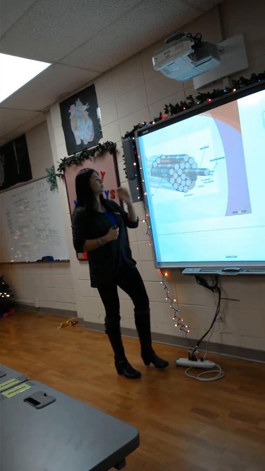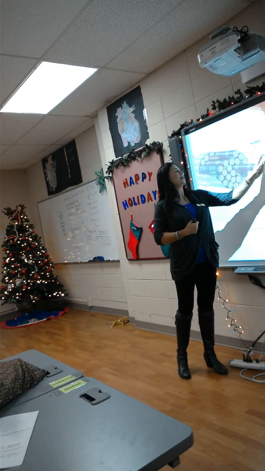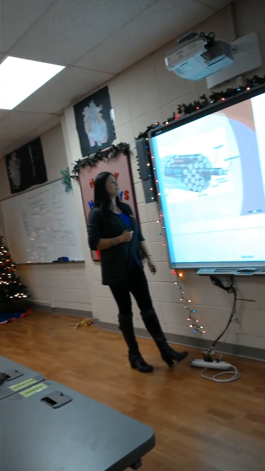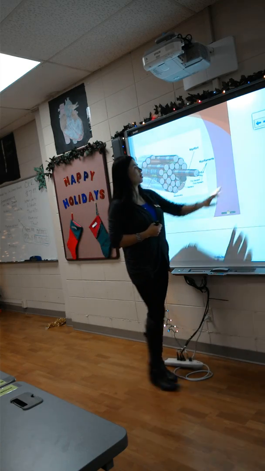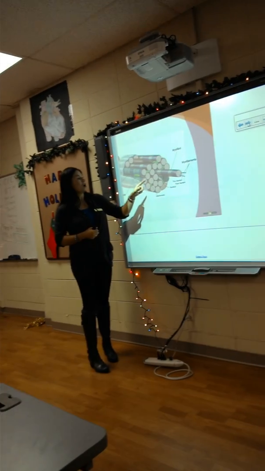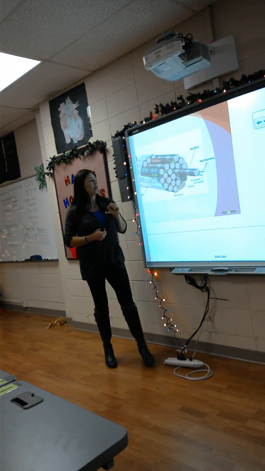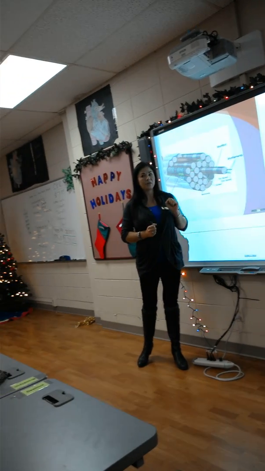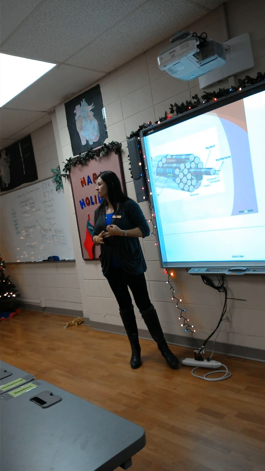Okay, myofibril. We can take out one little myofibril, and inside it has myofilaments. These myofilaments are called thick and thin. We're going to look at those, because those are actually what makes this whole muscle cell contract. Those proteins are your actin and myosin.